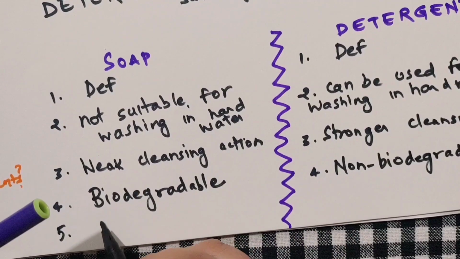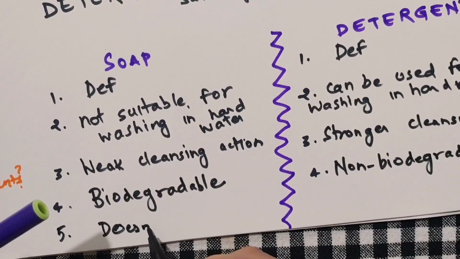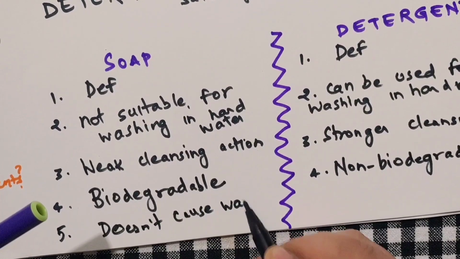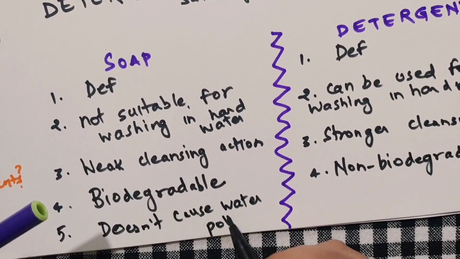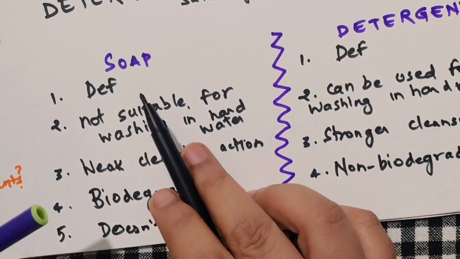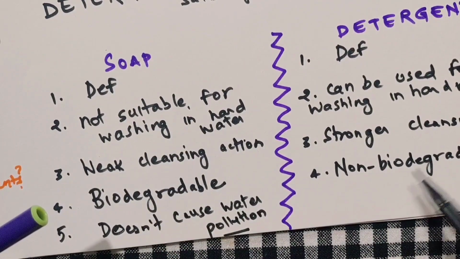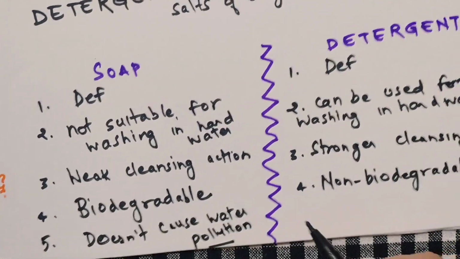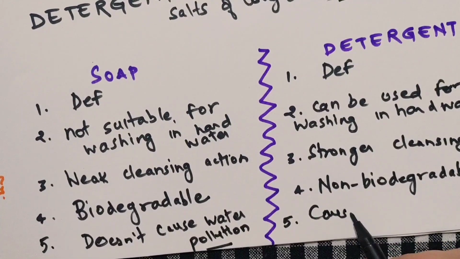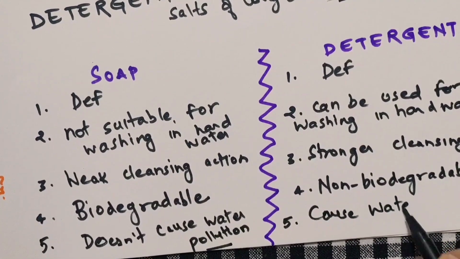Soap does not cause water pollution, because all runoffs eventually mix with the nearby water bodies. So soaps, since they are biodegradable, would not cause water pollution, whereas detergents will cause water pollution.